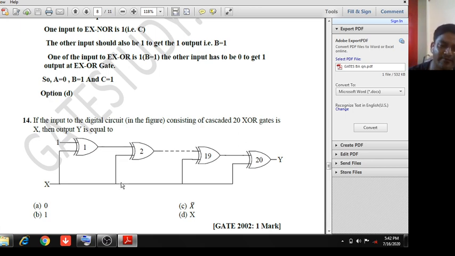So when both are different, you will get 1. Okay, means in gate number 1 you are getting what? X bar. Gate number 2 you are getting 1. Here you are getting x bar, here you are getting 1.